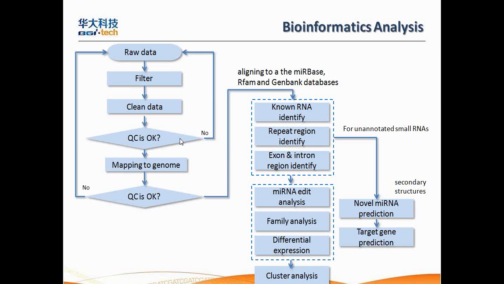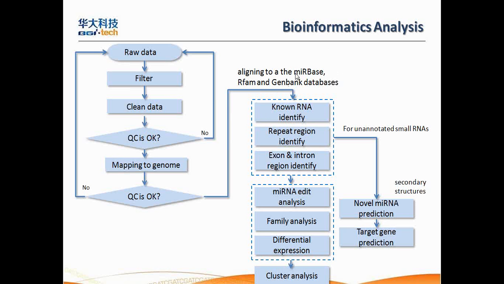If it satisfies our requirements, then those clean single-end sequencing RNA data will be mapped to the genome. Using this alignment to the genome, we figure out the distribution of RNA fragments along the genome, and check whether the quality is reasonable or not.